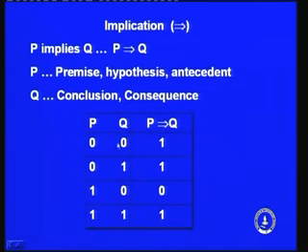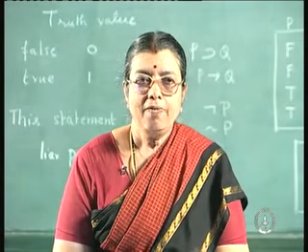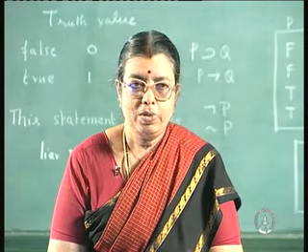When both are false, it is true. When P is false and Q is true, it is true. When P is true and Q is false, it is false. When both of them are true, it is true. There is a slight problem here. It is not a problem, but you must feel convinced about this truth table.